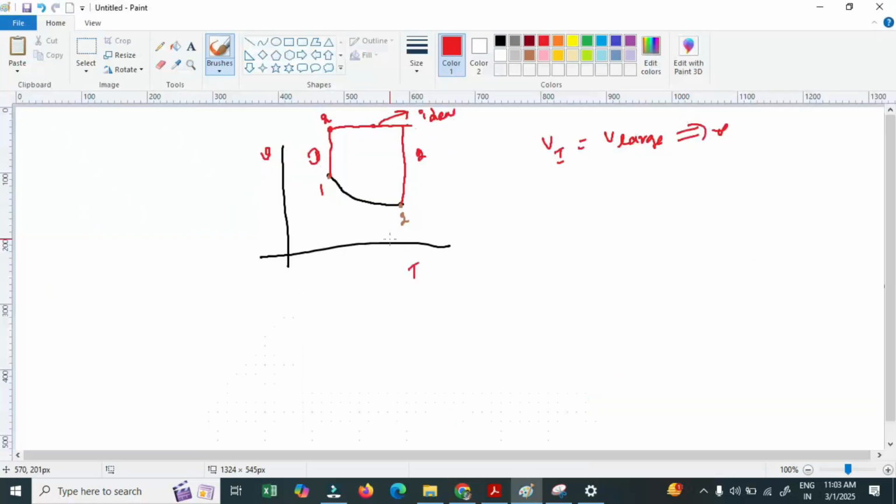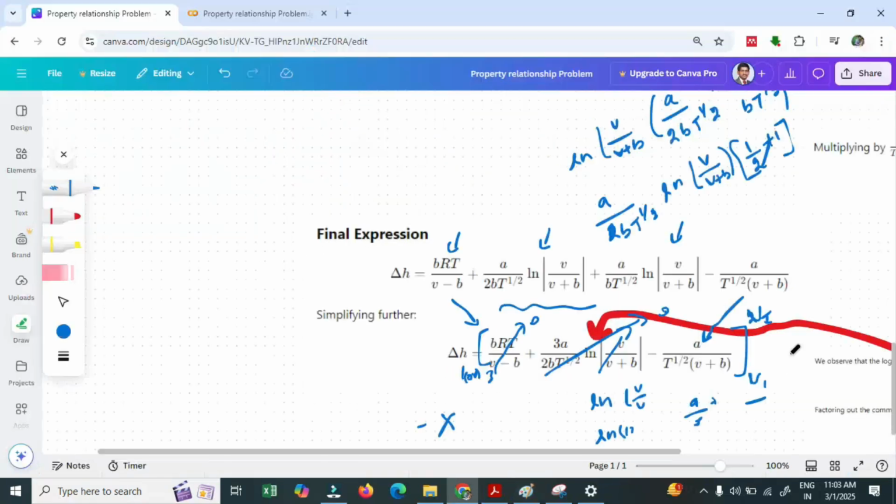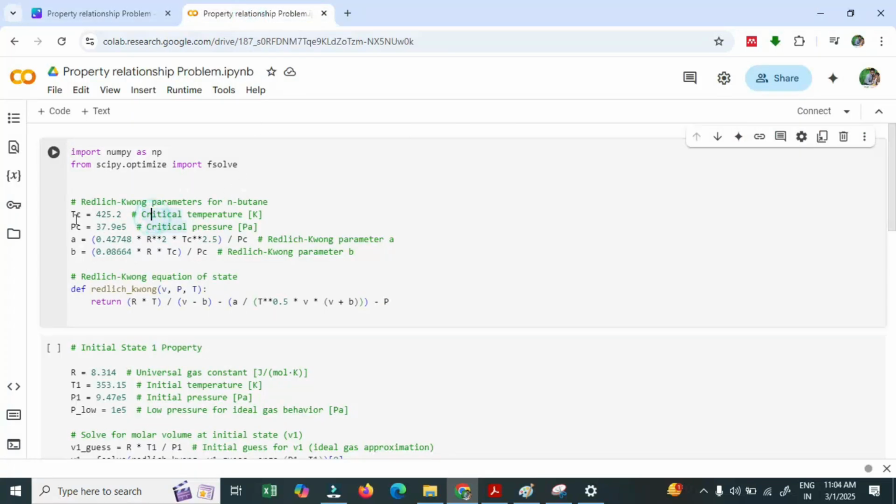I got A and B, and I defined the function. The moment I defined the function, I can call the function by calling its name. So now again I define what is A, R equal to 8.314. Yeah, we can do it here itself. I'll be substituting here.